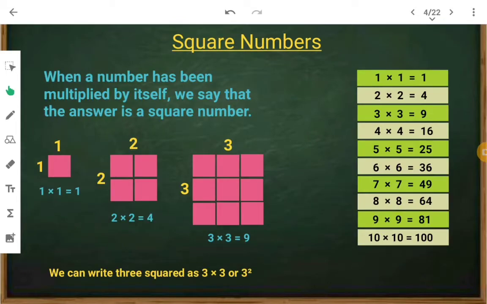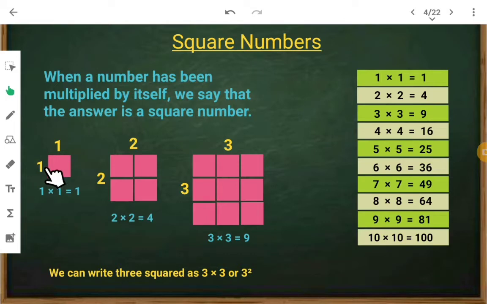First we'll see what a square number is. A square means we all know a square has equal sides, right? When a number is multiplied by itself, we say the answer is a square number.